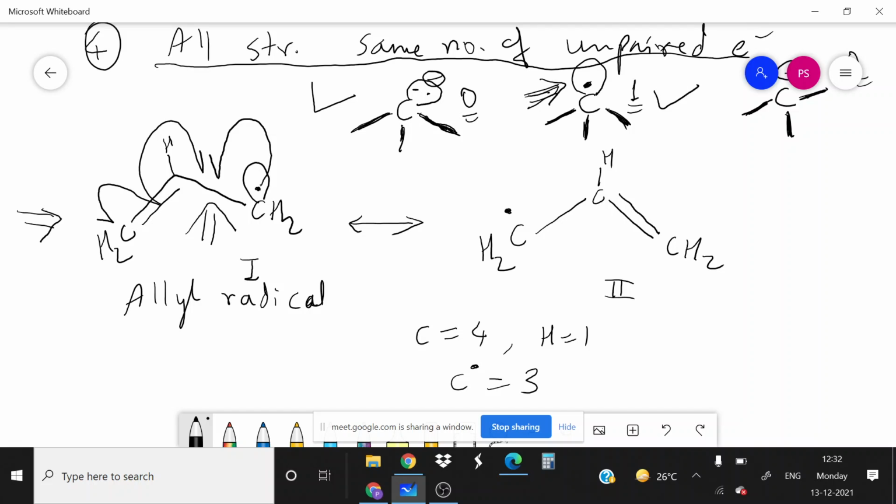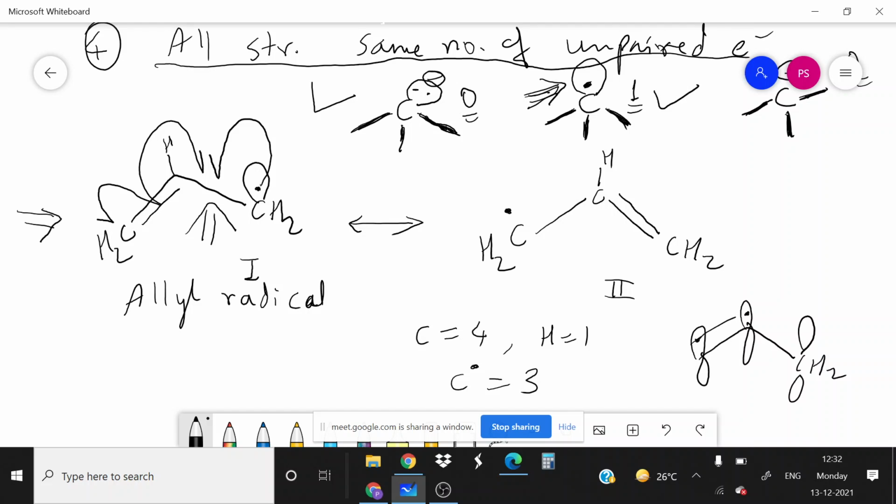What is rule number 3? Atoms taking part in resonance, having loosely held electrons, must lie in one plane. So I am going to draw the orbital picture. CH2 orbital, and this is the CH2 orbital.